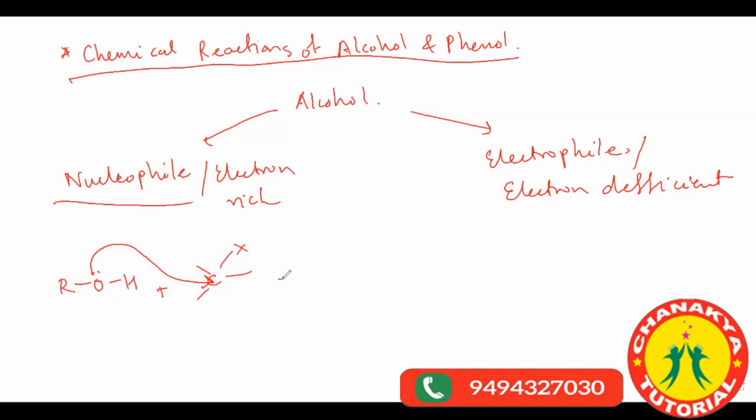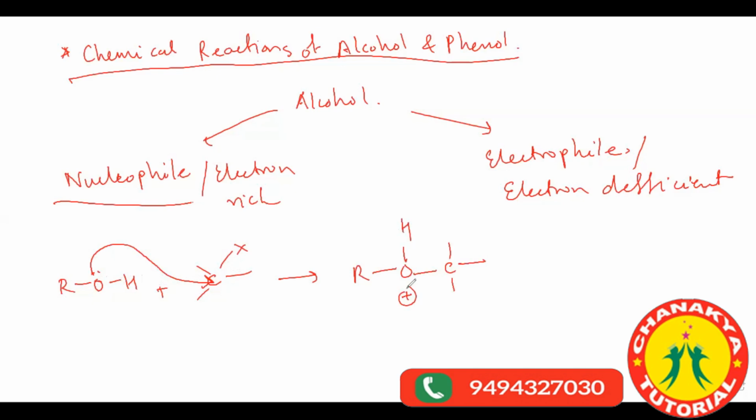So you will get R, O, H as it is. It becomes positive because the valency of oxygen should be only 2, but then it is extended to 3 by the attack through the lone pair, isn't it?